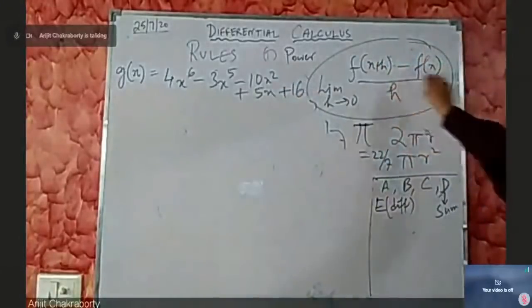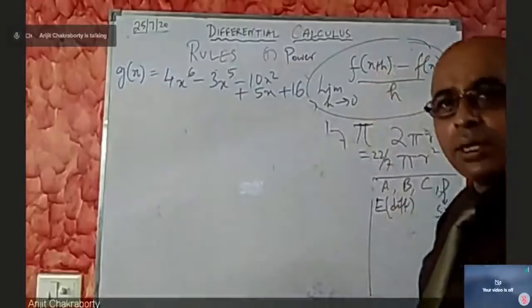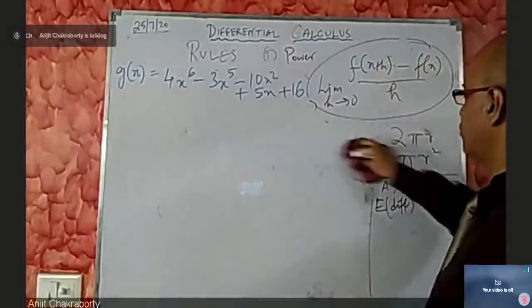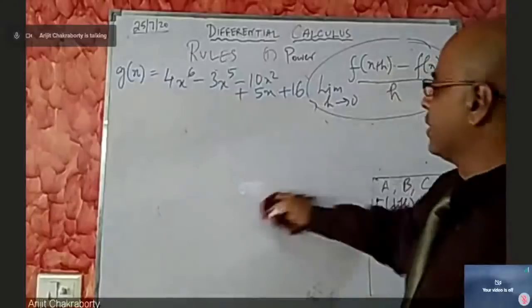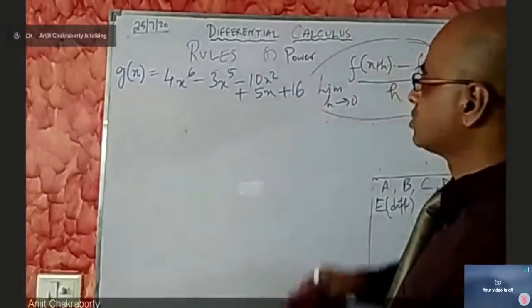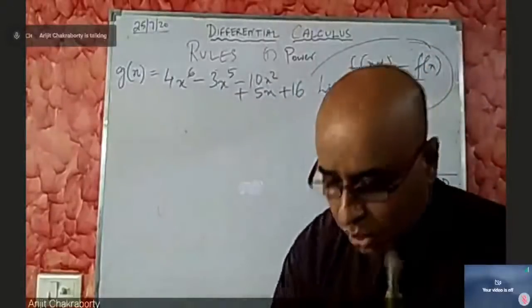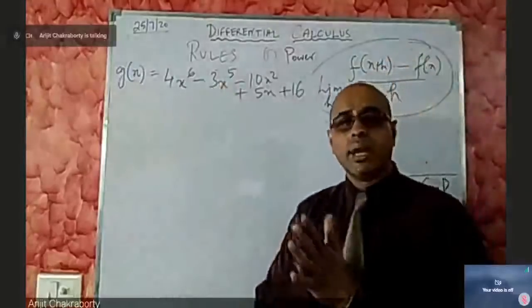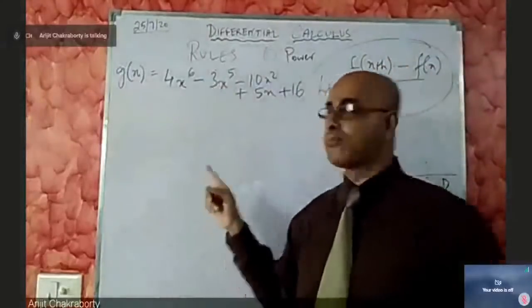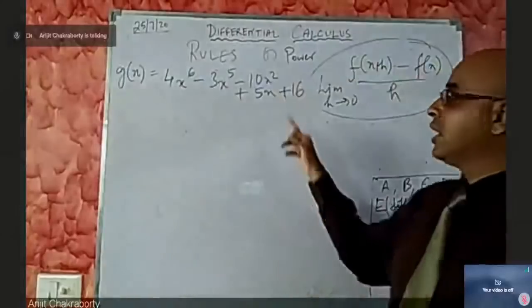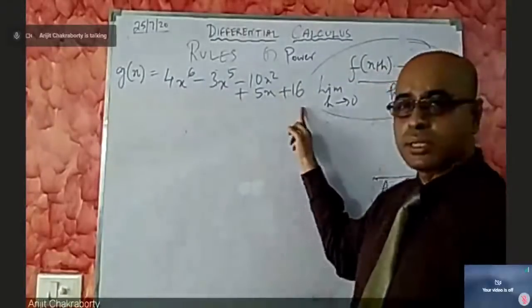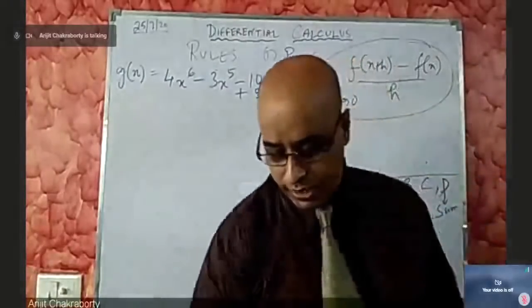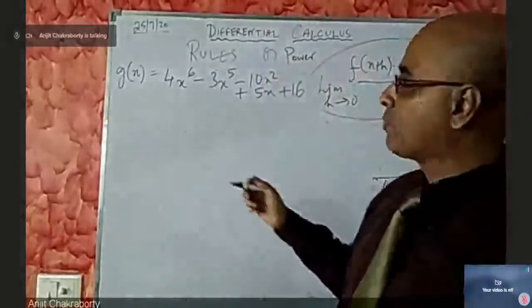I keep the formula here. I am not disturbing the formula because this is the fundamental formula which you need to know. So let us look at how to differentiate this: 4x to the power 6 minus 3x to the power 5 minus 10x squared plus 5x plus 16. So we break it up and let us see what happens.